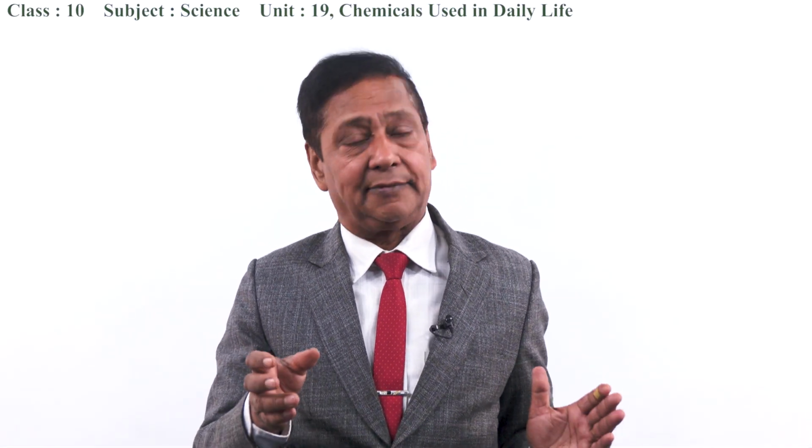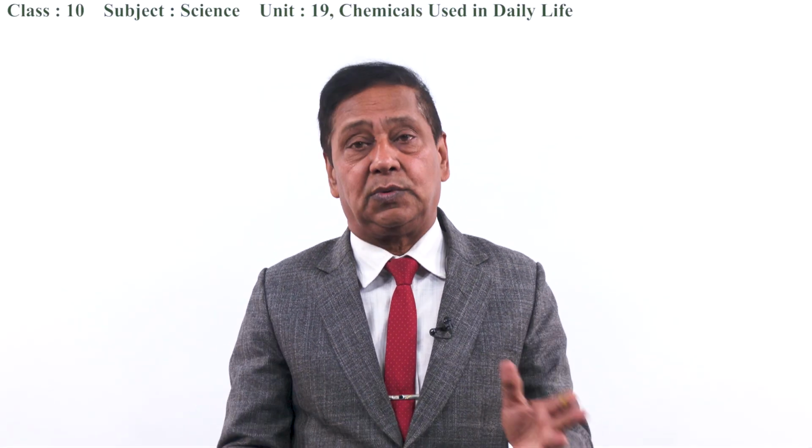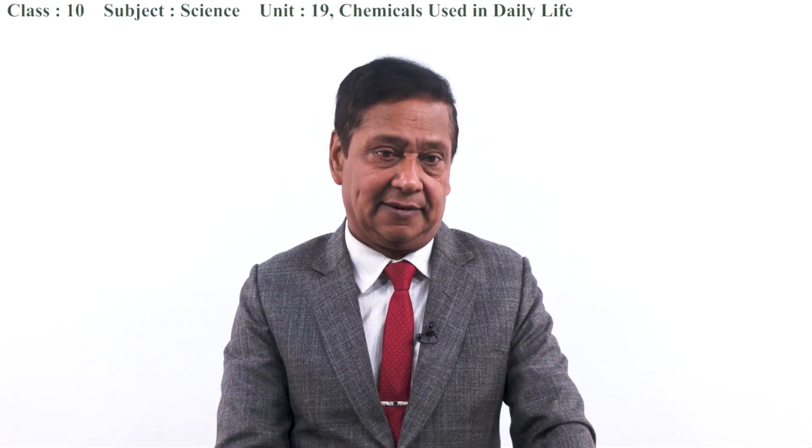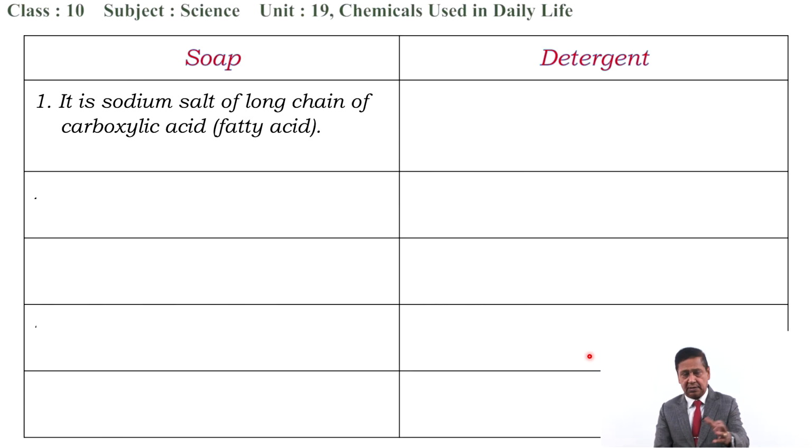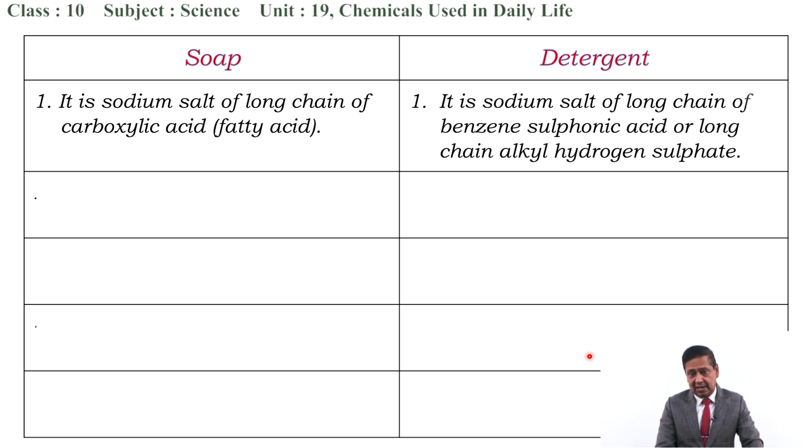Now let's have a comparison between soap and detergent. This is revision, actually. If we compare these two, we will get revision. Soap is the sodium salt of long chain carboxylic acid, and detergent is the sodium salt of long chain benzene sulfonic acid or long chain alkyl hydrogen sulfate.